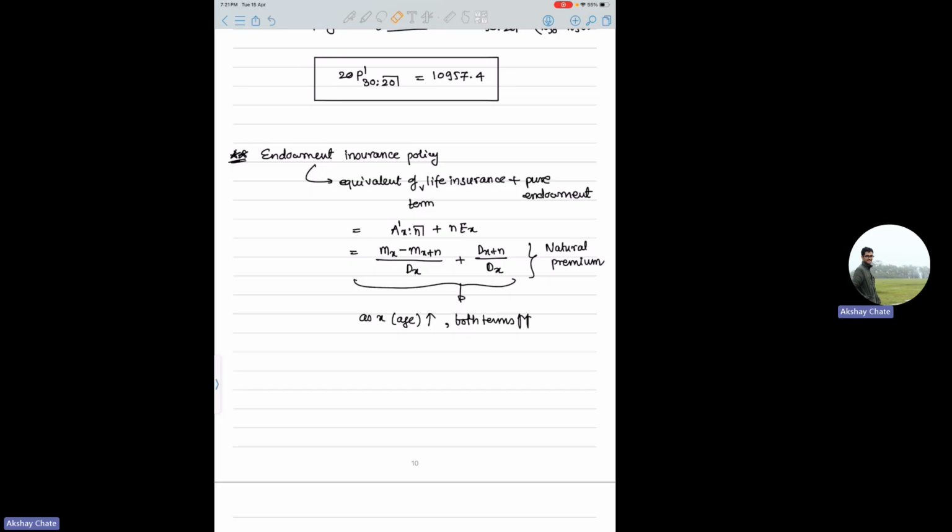Let me just change this, because they define in terms of natural premium and something called level premium. So this natural premium is given, they use these notations for this.